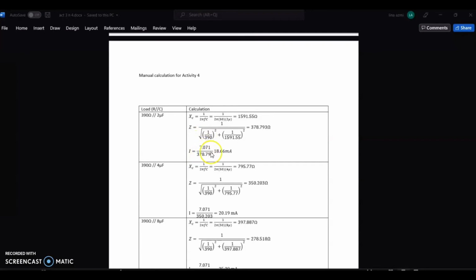So the value of V is 7.071, and the value of impedance is based on question 1. For data number 1, it is 378.793, and I got 18.66 milliamp.